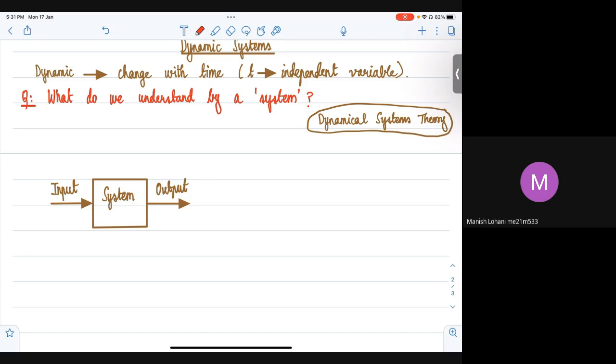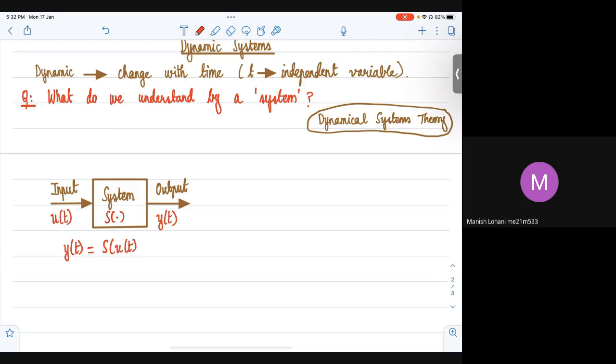In general, we will denote the input by the symbol u, and write it as u of t to indicate that the input is a function of time. We will denote the output by the symbol y, and write y of t to denote that it is a function of time. In general, we will represent the system as a mapping S, such that we write y of t equal to S of u of t.